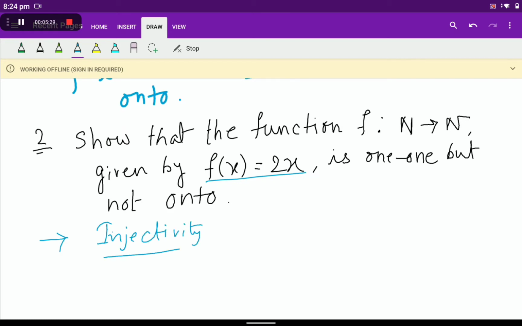What is the definition of an injective or one one function? If f of x1 equals f of x2 implies x1 equals x2, then the function is one one.